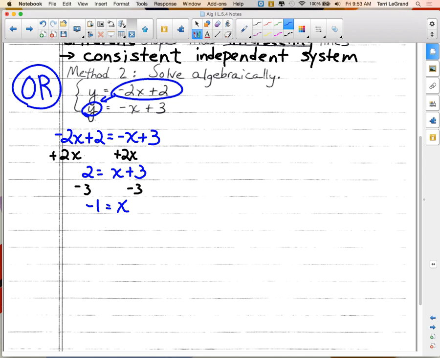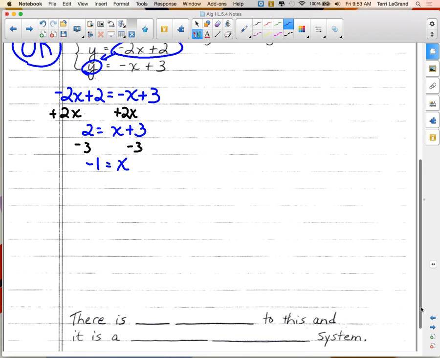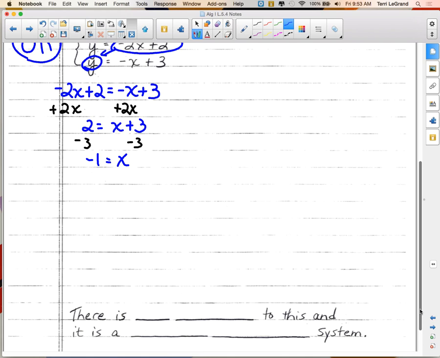Did you get negative 1 for x like I did? Okay, well, since we're actually using method 2, now we have to finish it. You're going to actually show what the solution is. So we have to get the y value yet, right? We could use either equation now to get our y. So I'm going to use the second one.